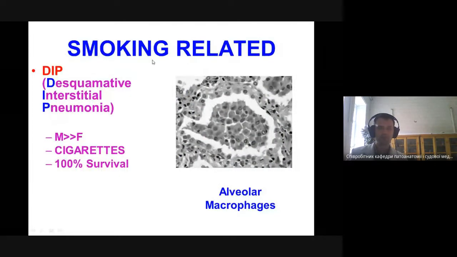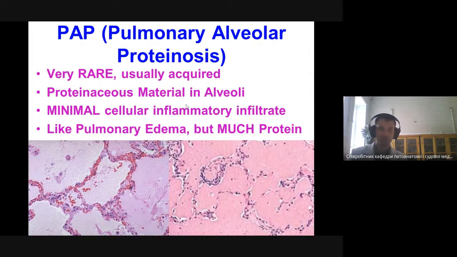Smoking related. So, a lot. And pulmonary alveolar proteinosis with a lot of protein. So you see that's transudate, and this one is protein-rich material. Much protein.